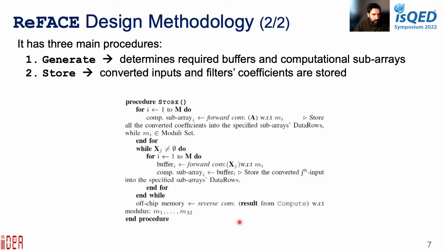In the store module, the fixed RNS filter coefficients, uppercase A, are stored in the computational subarray. Then the input signal values, uppercase X, are converted to RNS using forward conversion and the result is stored in a dedicated buffer.